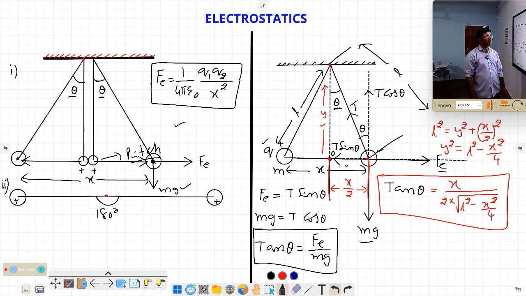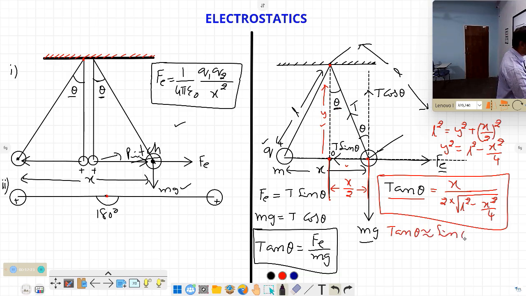But this theta is a very, very small angle. When theta is very small, you can take tan theta almost as sin theta. If you take it as sin theta, that becomes opposite by hypotenuse, that is x by 2 by L. So sin theta is equal to x by 2L.